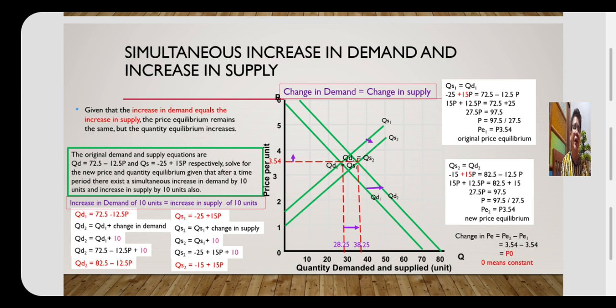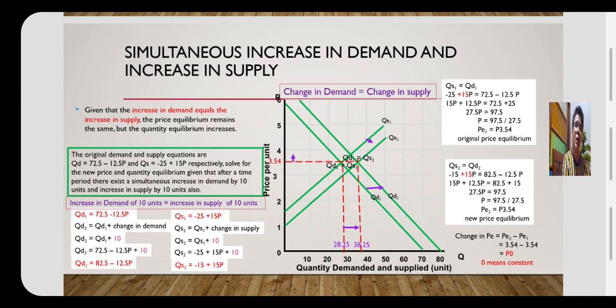To specifically compute the change in price equilibrium, we just deduct the original price equilibrium from the new price equilibrium. The new price equilibrium is 3.54, and the original price equilibrium is 3.54. The fact that their values are equal means we have a change in price equilibrium equal to 0. So 0 means constant. 0 means no change in the value of price equilibrium.